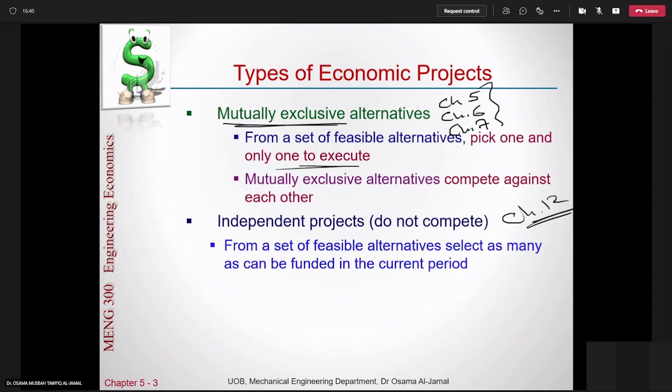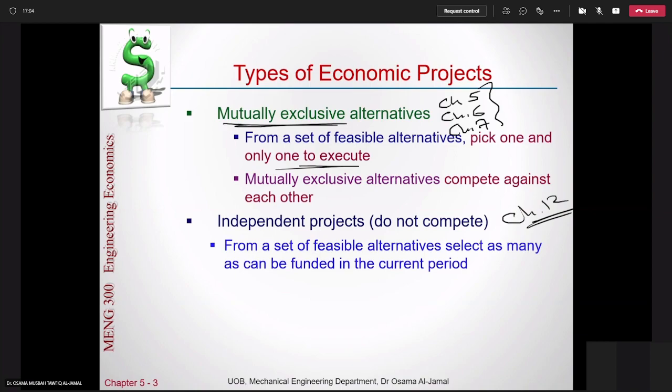You want to buy things, not one thing. You want to buy things from whatever is available. They are not competing with each other.